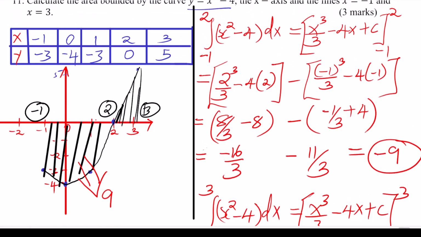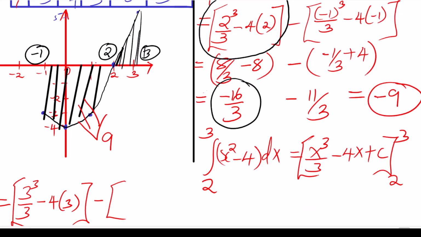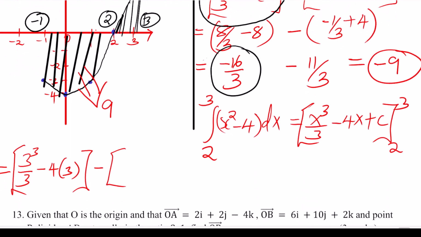Remember for 2 we already got the solution: when we substitute 2, you get -16 divided by 3. You don't need to repeat that because it's already there.